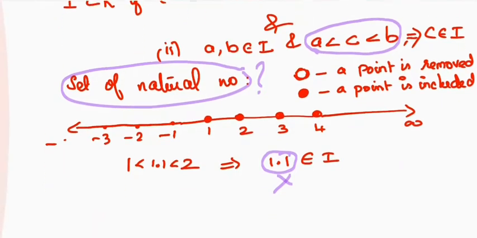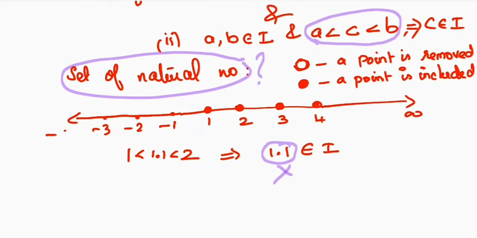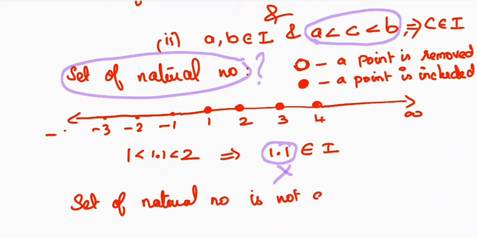So we conclude the set of all natural numbers is not an interval.